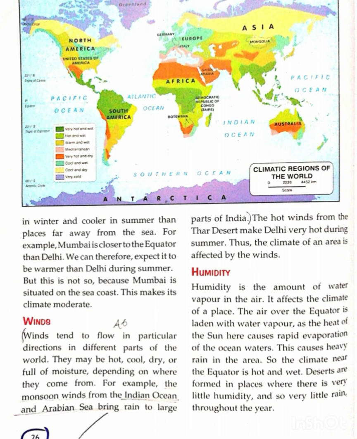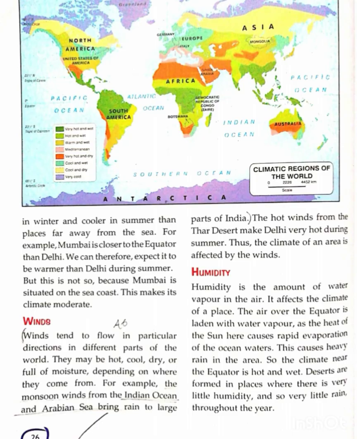Because Mumbai is situated near the coast, and as I told you earlier, the sea has a moderating effect on the climate. The places near the sea have a moderate climate, and the places far away from the sea will have a very adverse climate.